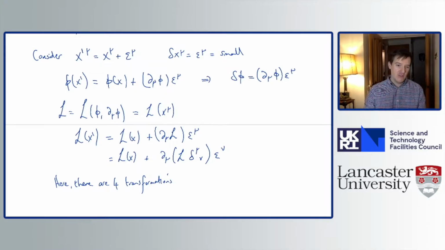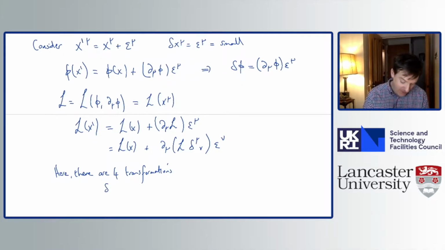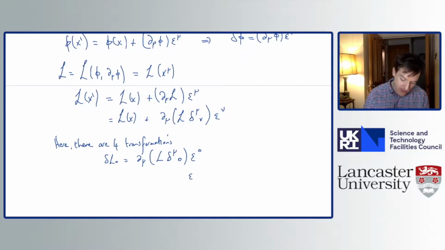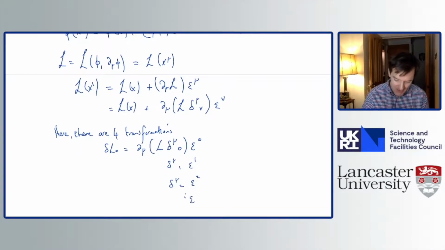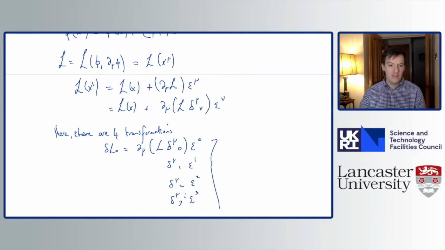It's simply a transformation through time and a transformation through 3 spatial coordinates. So for instance, one of them is where we set nu equal to 0. And then we'll also get ones with epsilon 1, epsilon 2, and so on. The other one is epsilon 3. So we end up with these 4 expressions where we're just summing over nu.